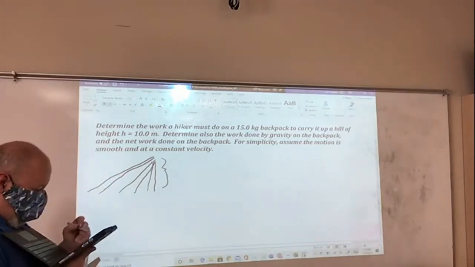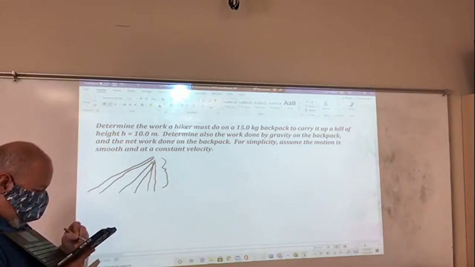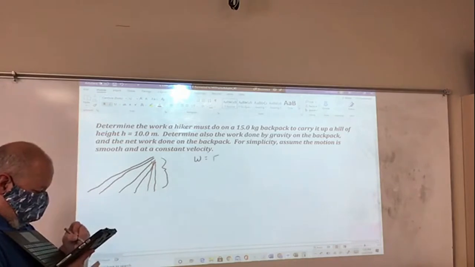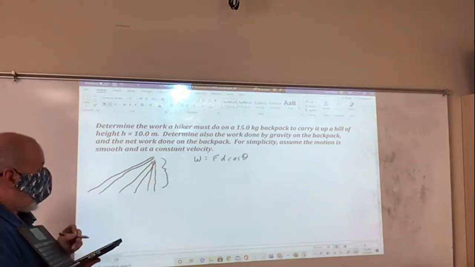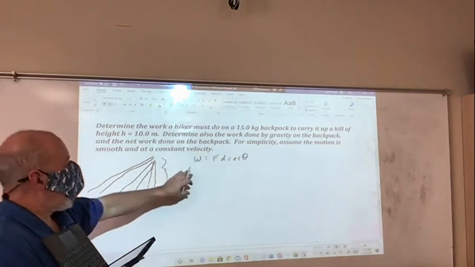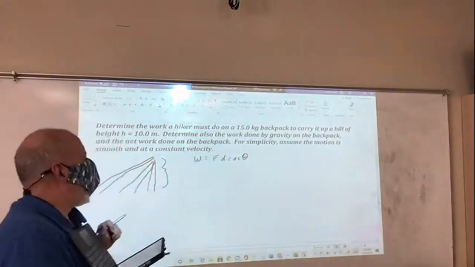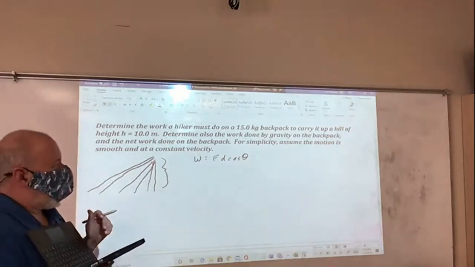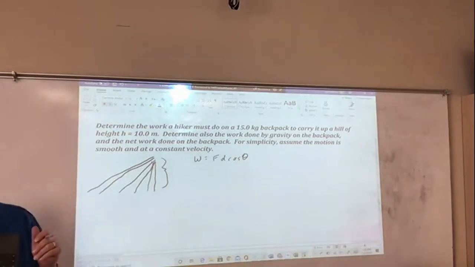Okay, so my work formula, determine the work a hiker must do. Work equals force times distance times the cosine of theta. Okay, and first of all, the force that I'm going to need to use to carry a 15-kilogram backpack upwards against gravity is going to be determined by what?